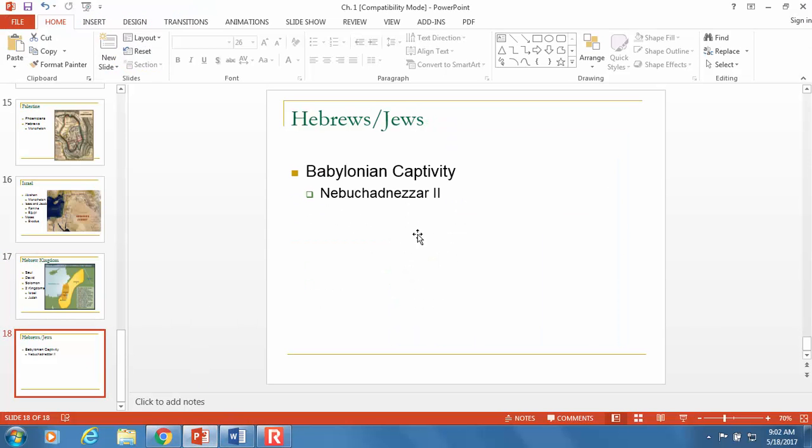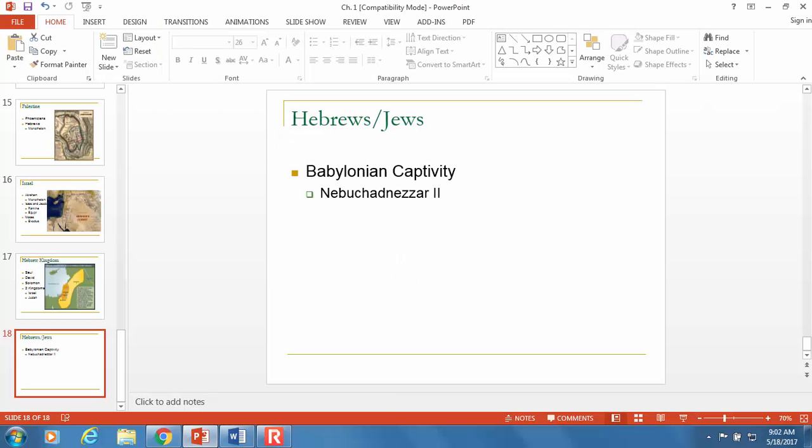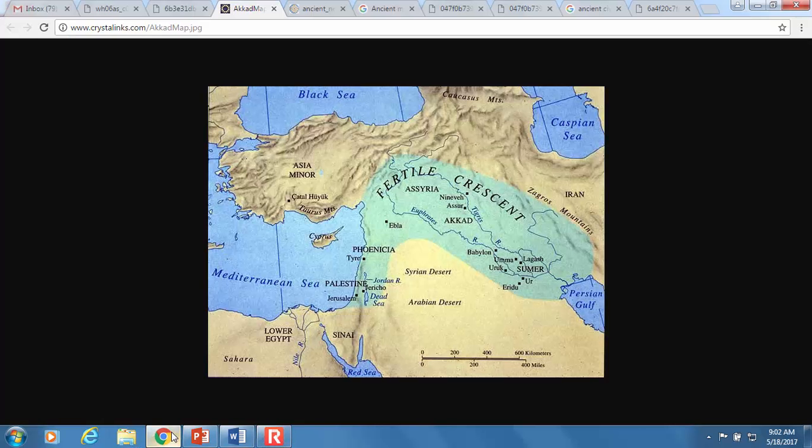Okay, his name is Nebuchadnezzar II. Right, he was the king, the ruler of the Neo-Babylonians.